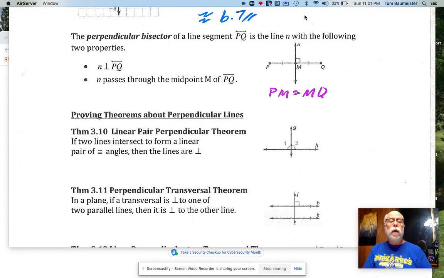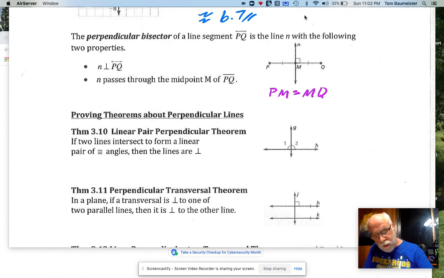All right, so now we're going to use some of these things to help prove some of our theorems. So proving theorems about perpendicular lines. Theorem 3.10, linear pair perpendicular theorem. If two lines intersect to form a linear pair of congruent angles, then the lines are perpendicular.